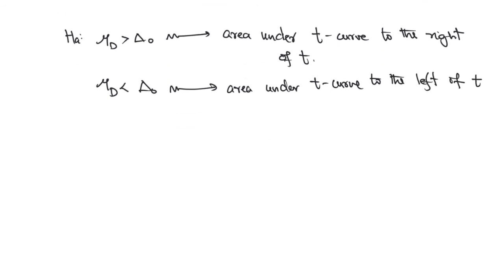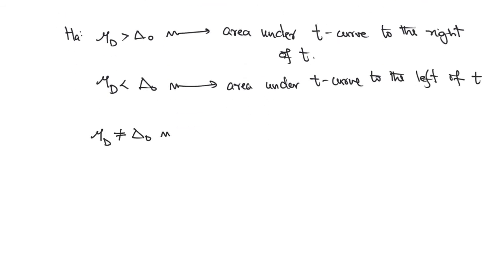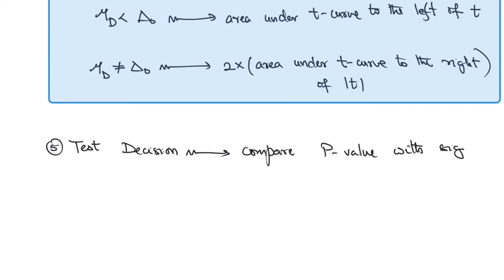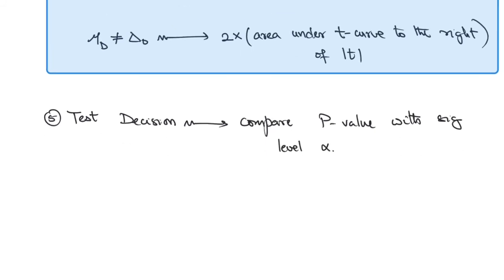And in the case of the two-tailed test, the p-value is twice the area under the t curve to the right of the absolute value of the test statistic t. The test decision is arrived at by comparing the p-value with the significance level. We will reject the null hypothesis if p is less than or equal to alpha, and we will fail to reject the null hypothesis if p is greater than alpha.